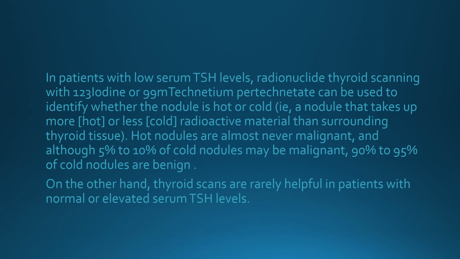Hot nodules are almost never malignant, and 5 to 10% of cold nodules may be malignant. However, 90 to 95% of cold nodules are benign. On the other hand, thyroid scans are rarely helpful in patients with normal or elevated serum TSH levels.